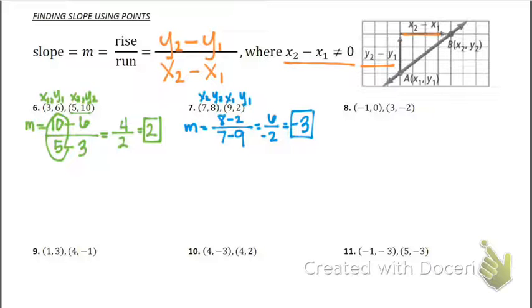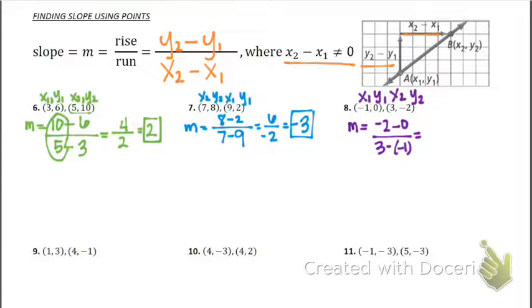Number 8. I'm going to do x1, y1, and then x2, y2. So my slope is going to be negative 2 minus 0 over 3 minus negative 1. Please make sure that you put that negative 1 in parentheses.